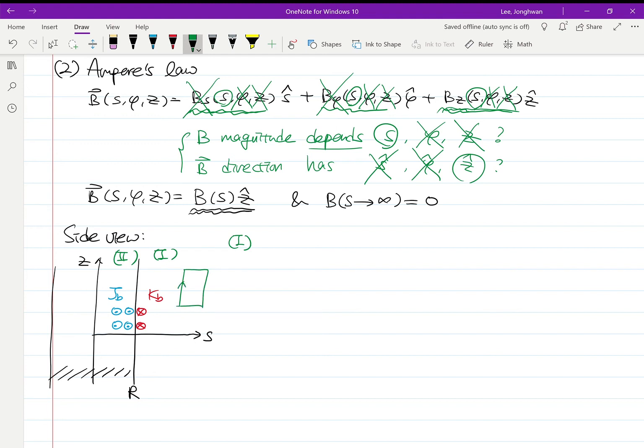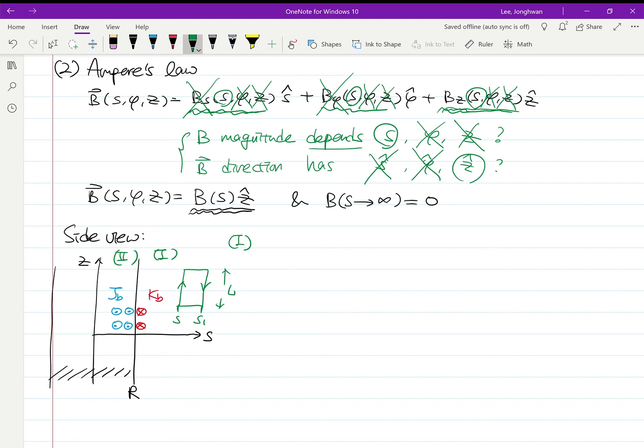This is a rectangular shape, and we have a direction. The length is L, and this position is s, this position is s1.